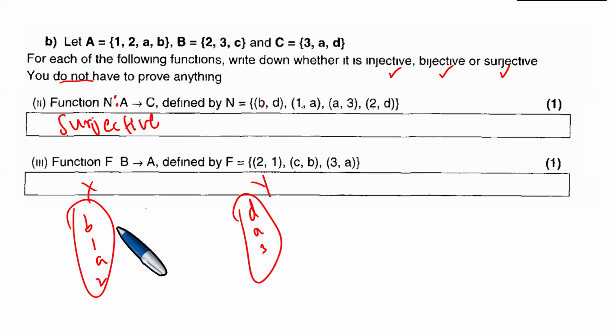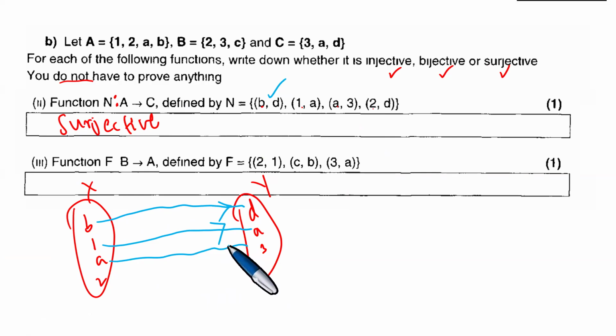And therefore, let us map this. So B goes to D, and then 1 goes to A. A goes to 3. 2 goes to D. So B and 2 both go to D.